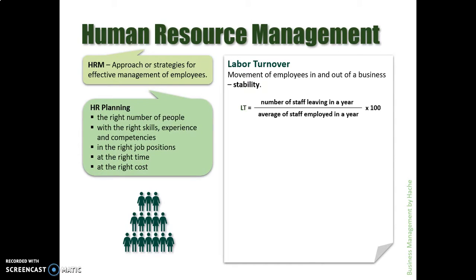To calculate that, we have a formula. It is dividing the number of staff leaving in a year by the average number of staff employed in that year, times 100, and you get a percentage.